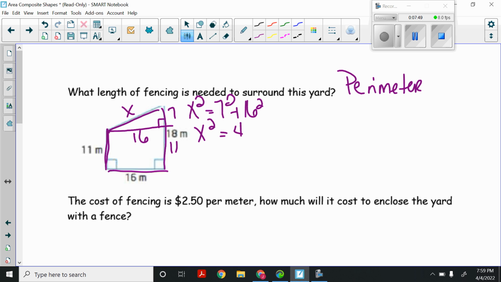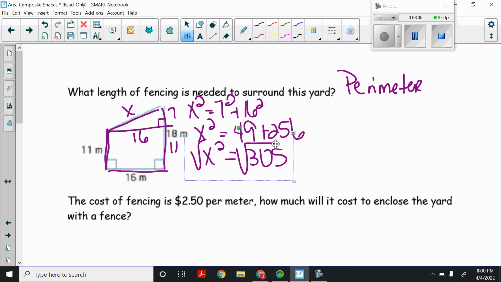X squared equals 49 plus 256. So add these two together, and I get x squared is 305. Take the square root. So x is equal to the square root of 305.